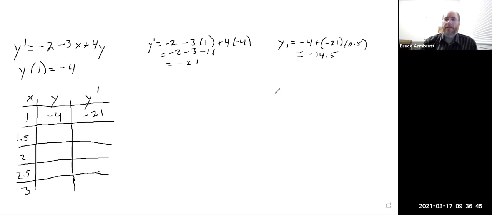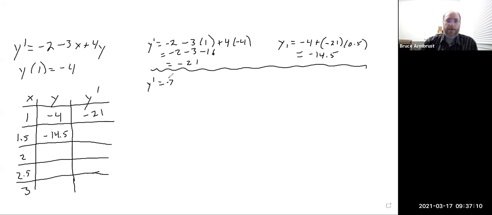So that's going to give us -14.5. So that's what's going to go right here. So there's our next point. And now we're just going to repeat the process.